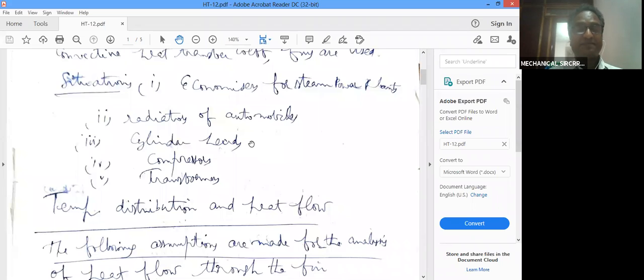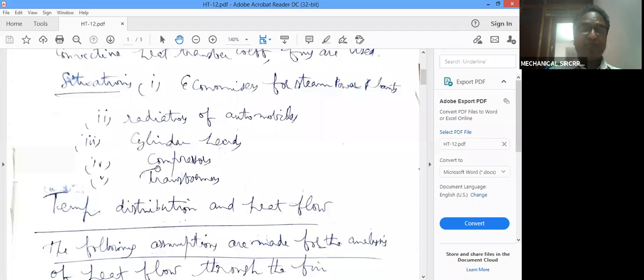cylinder heads, IC engine, just like your motorcycle. If you observe the motorcycle, so fins are provided, and compressors, air compressors. In the air compressors also, intercoolers, aftercoolers, there are fins provided. So small air compressors, if you observe, the fins are there on the cylinder and the engine head or cylinder head or compressor head.